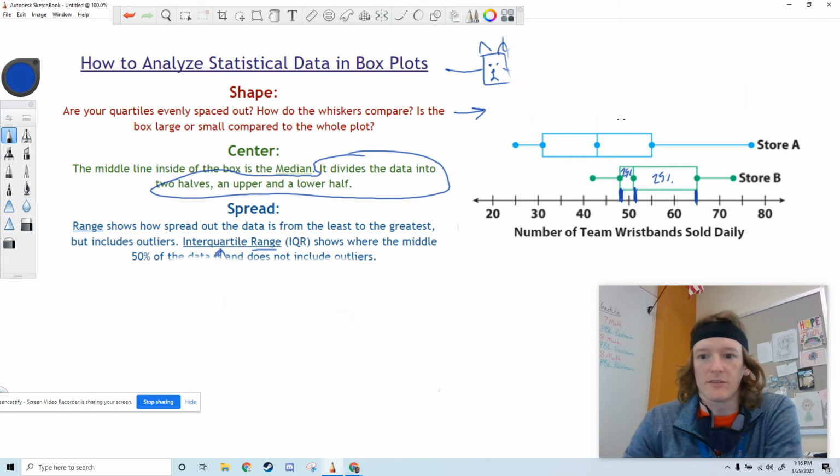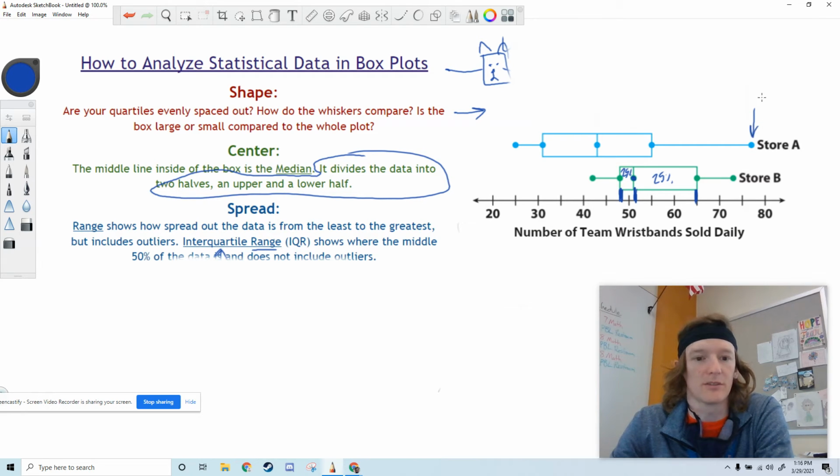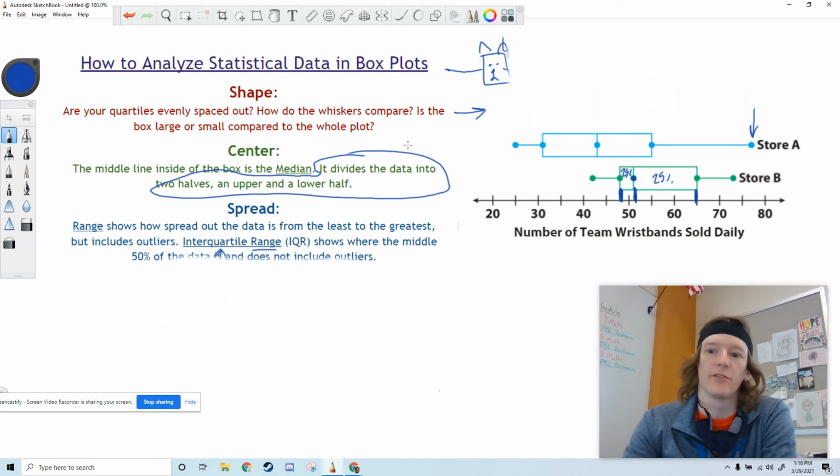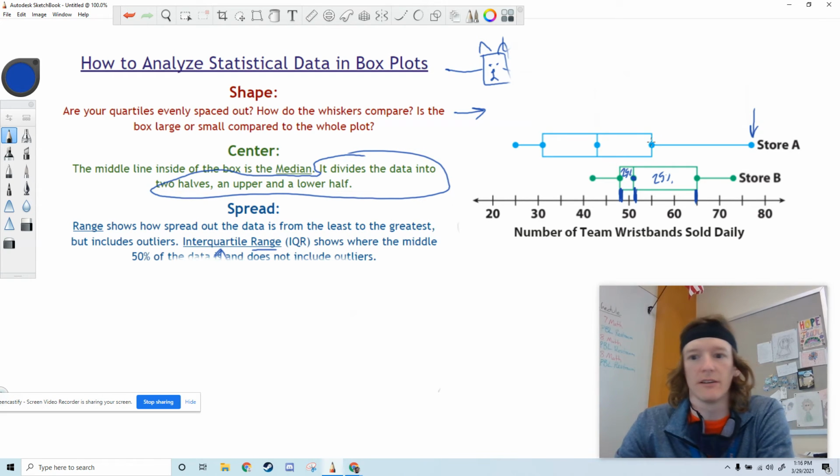So then our centers, if we look at store A and store B, well, store B, the center is higher. Typically in store B, they sell more. There are some exceptions to that. Store A had a better day every once in a while, but store B usually sells more wristbands. For the range, store A has a higher range. For the interquartile range, it looks like store A has a higher interquartile range as well.